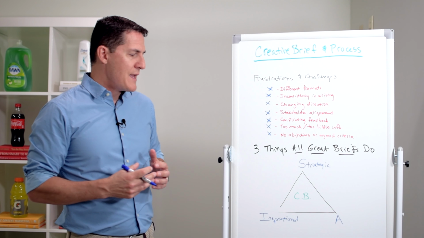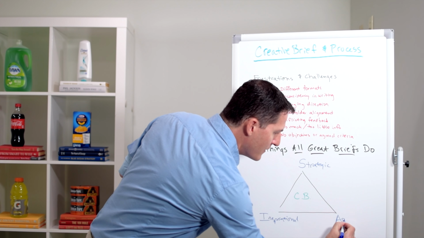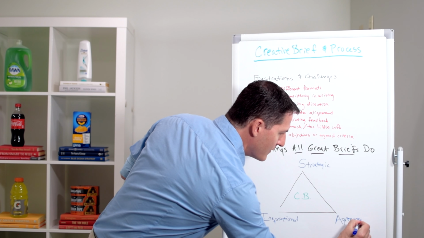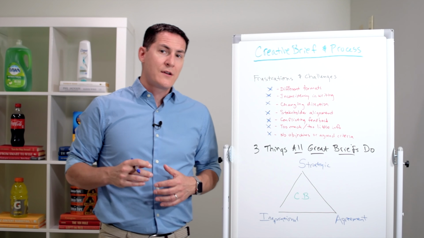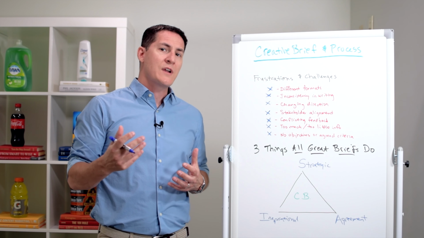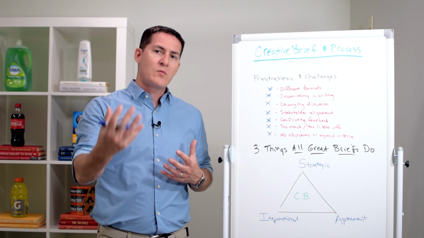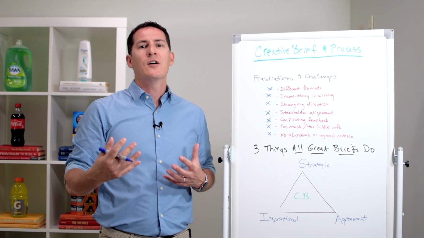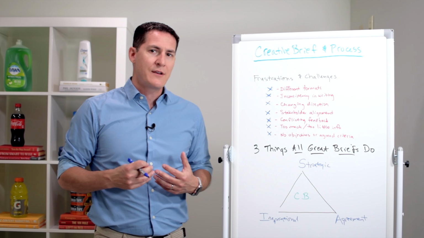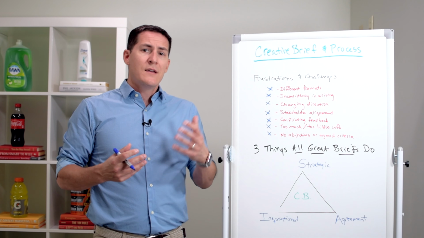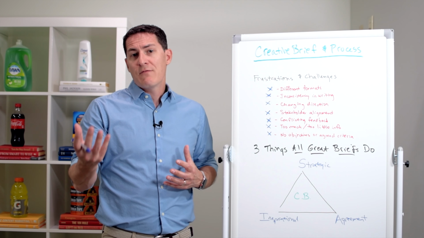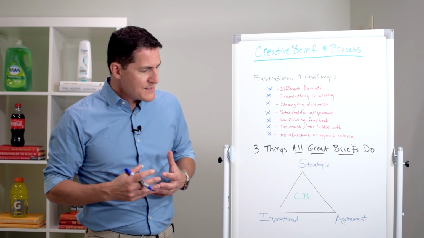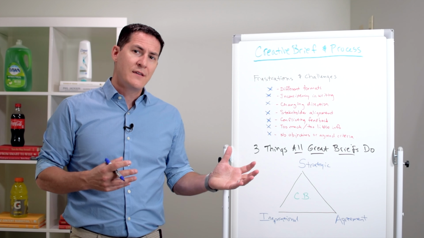The last piece here, the A, stands for agreement. So all great creative briefs serve as an agreement between the people who are requesting the work or the creative help and the people who are actually going to do that creative work. So most often it's the client side requesting help, maybe from an agency. And in that case, the document serves as an agreement.